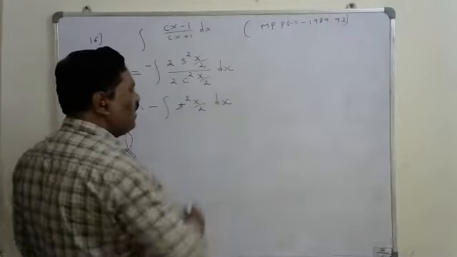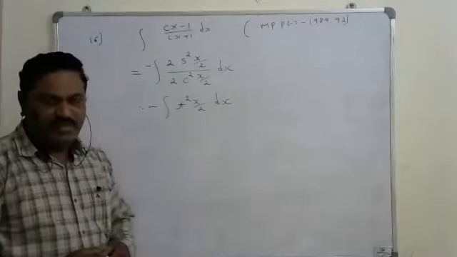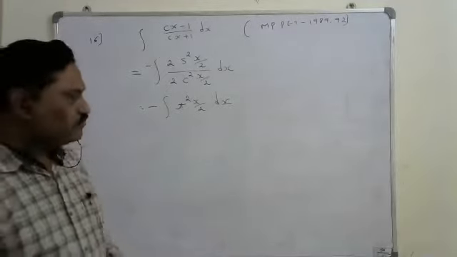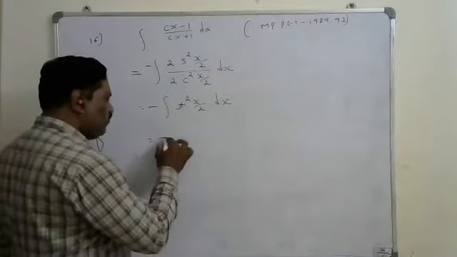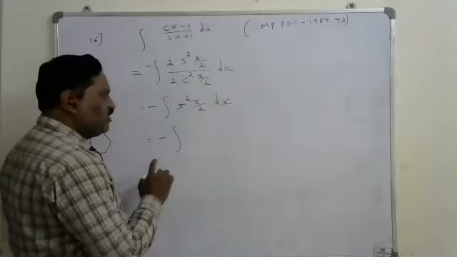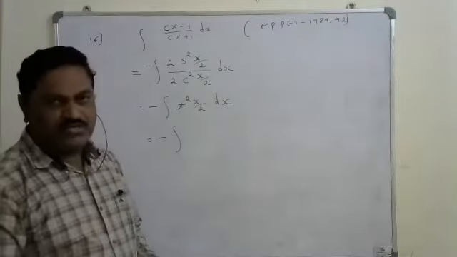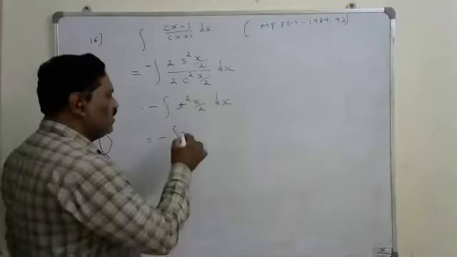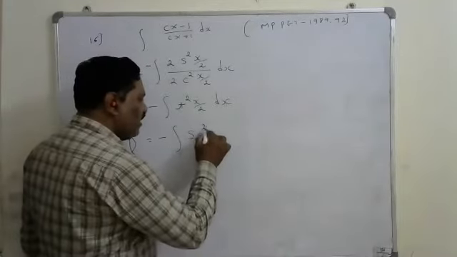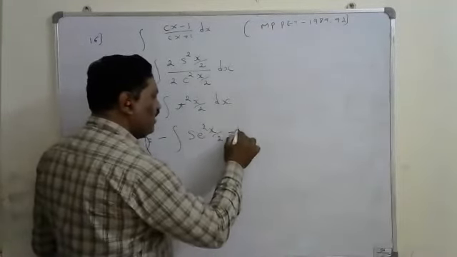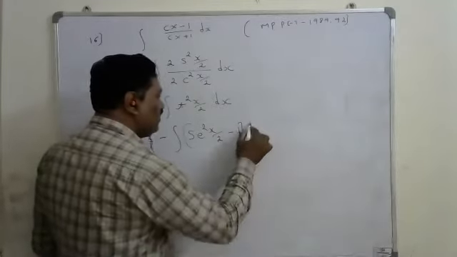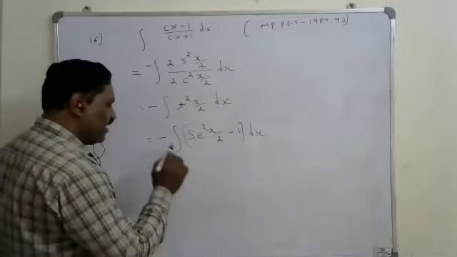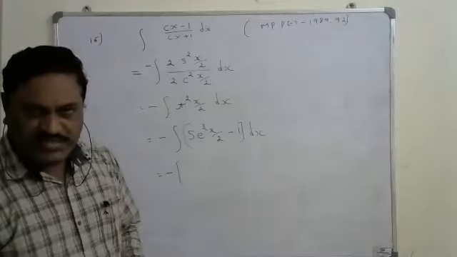We got that integral tan square x by 2, right? Now tell me, how do you evaluate the integral of tan square? Because we don't know the formula for tan square. That's why this tan square theta, we can write from trigonometry as secant square theta minus 1. So you can write integral of (secant square x by 2 minus 1) dx. Now what is the formula for integral secant square x by 2?